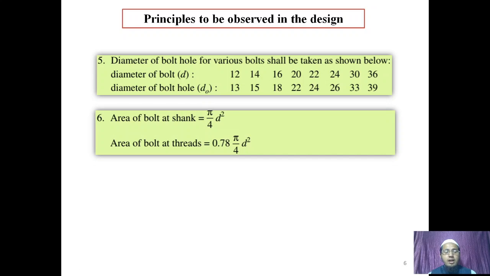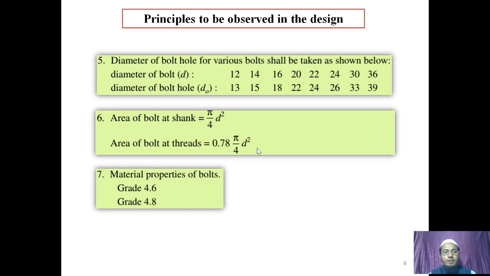Also, we should know how to find the area of the bolt at plain shank, that is pi by 4 into d square, and the area of bolt at threads, or net area, that is 0.78 times pi by 4 into d square. Also, we should know the material properties of bolts for different grades.